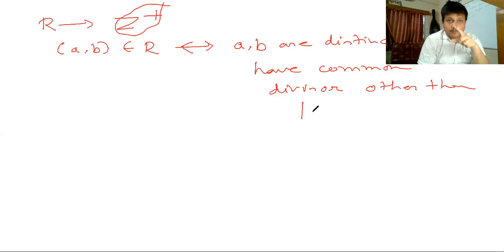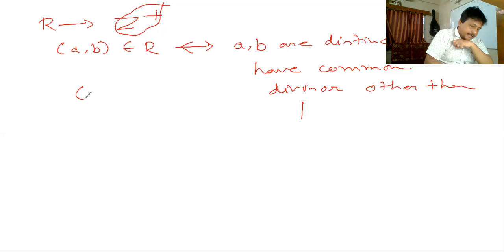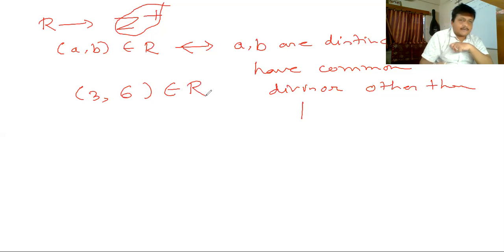If you can establish a counter example showing that this relation R is not an equivalence, then it is fine. Check. You find that in this case, you can take 3,6 in capital R. Yes or no?